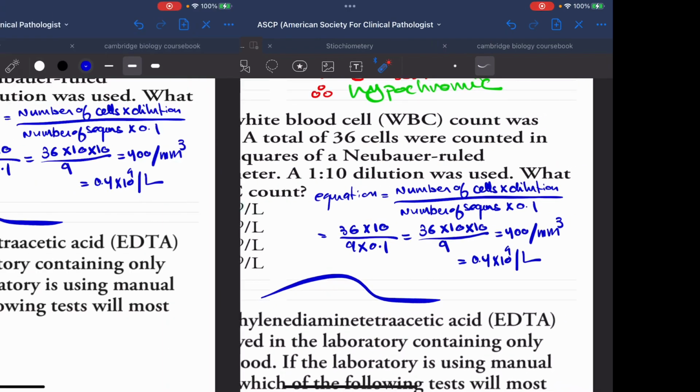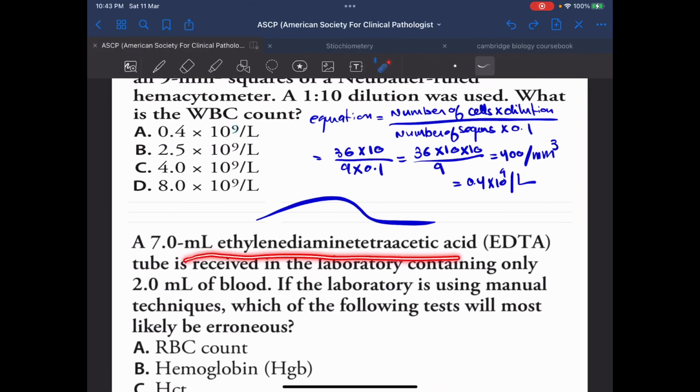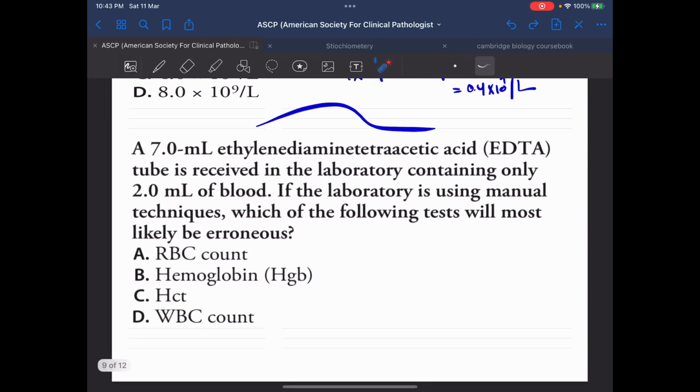Next question, a 7 ml EDTA tube is received in the laboratory containing only 2 ml blood. If the laboratory is using manual techniques, which of the following tests will most likely be erroneous?